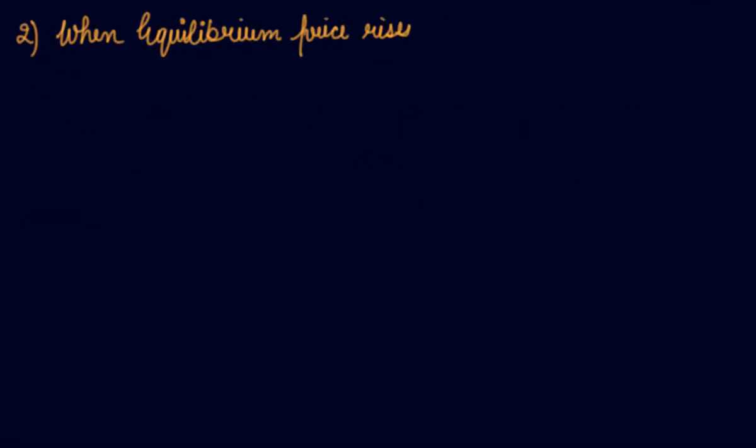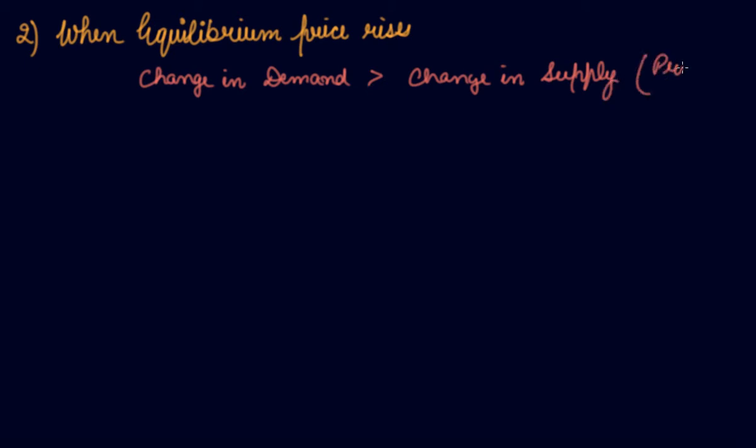Now, the equilibrium price rises when your change in demand is greater than your change in supply. Then you have the situation where your price rises. Let's see it on the graph.